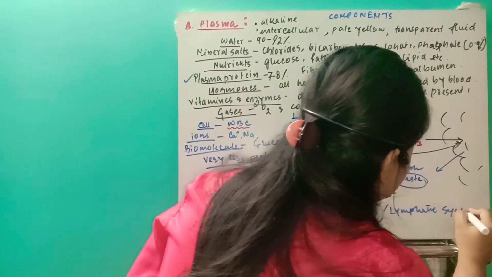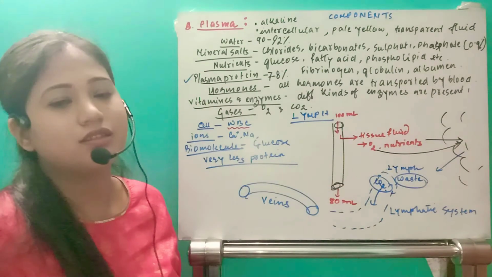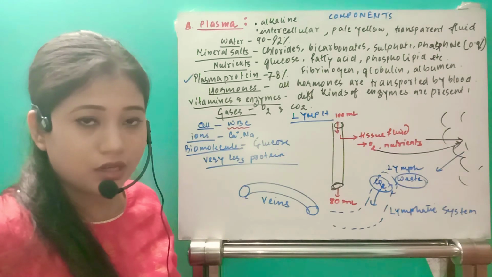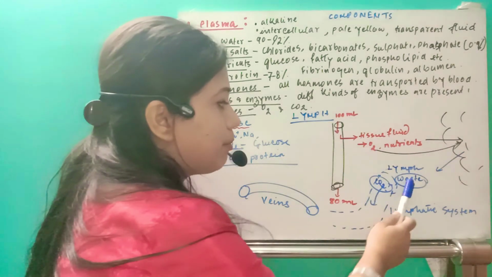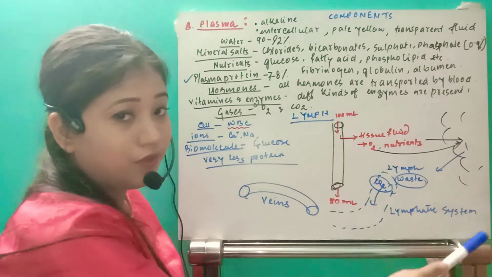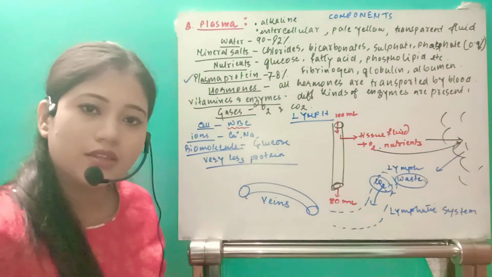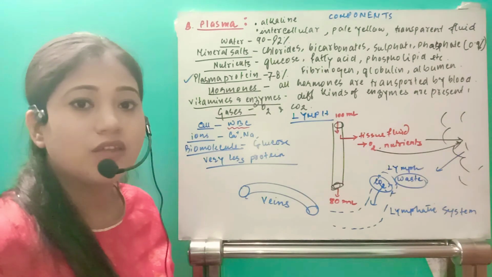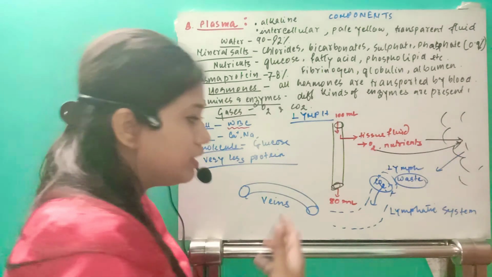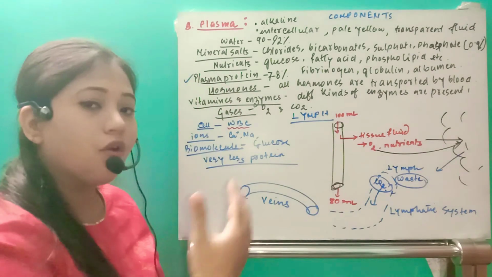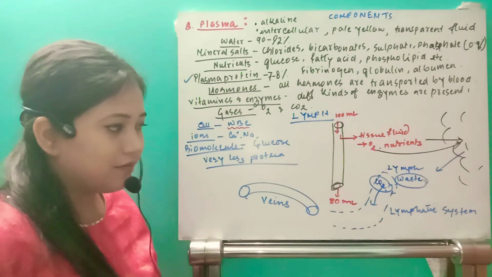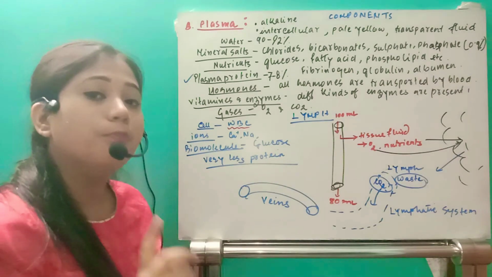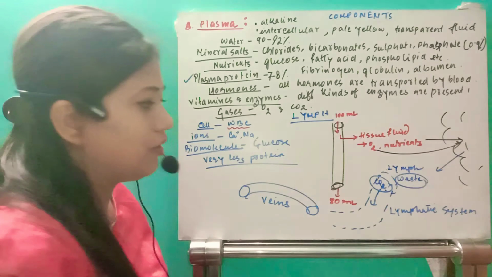So what is the lymphatic system actually? It acts just as a middleman, an intermediate, that takes this carbon dioxide and waste from the tissue to the veins, because the veins cannot go to each and every region and every cell of our body. So the carbon dioxide and waste will be taken up by the lymphatic system and given once again to the veins by the lymph.